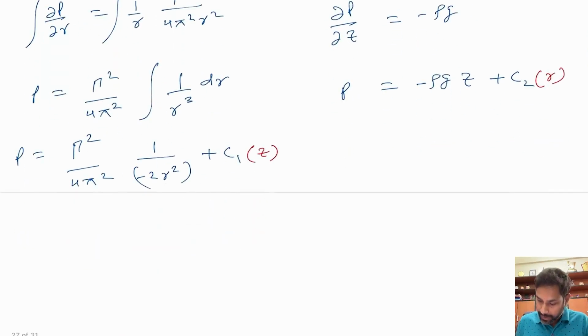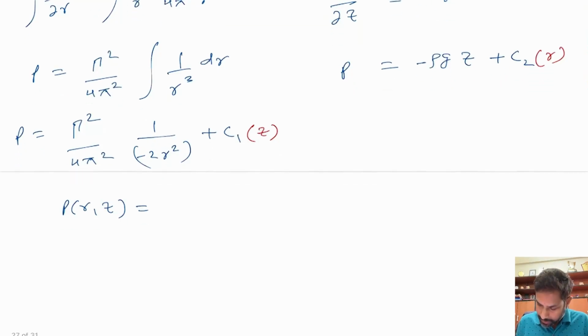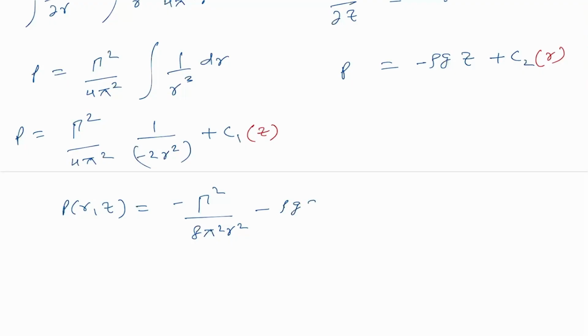And that is why the actual pressure as a function of R and Z can simply be found by adding these two equations, both the equations for pressure. So this gives us minus gamma square over 8 pi square r square minus rho g z plus some constant.